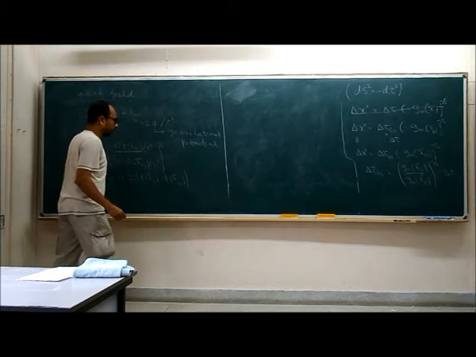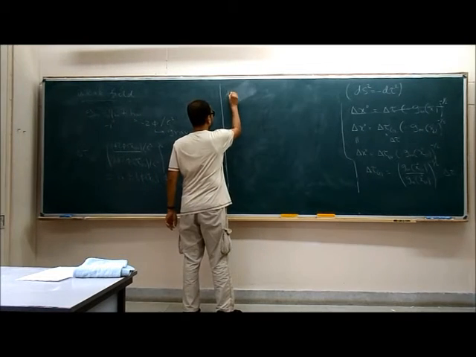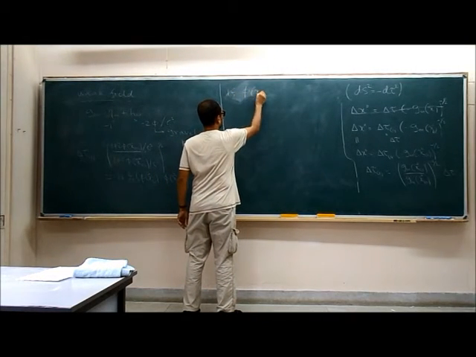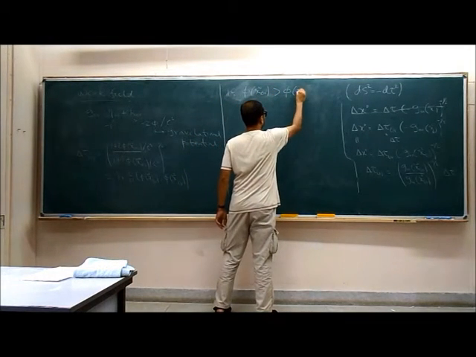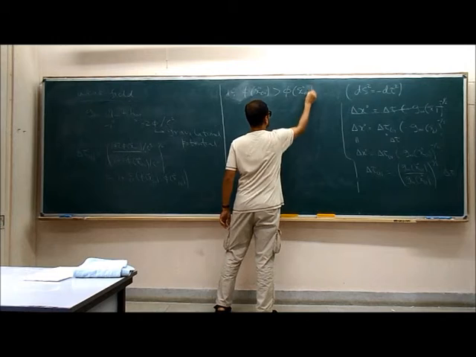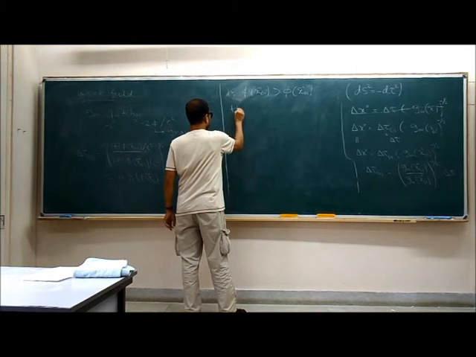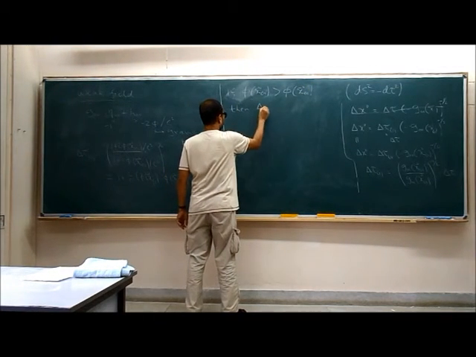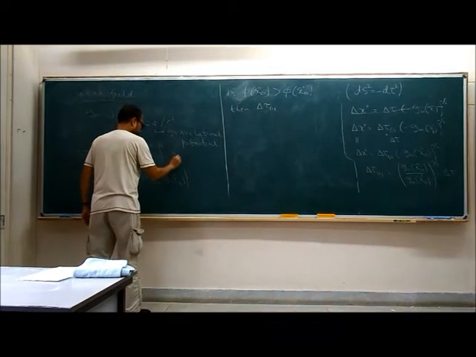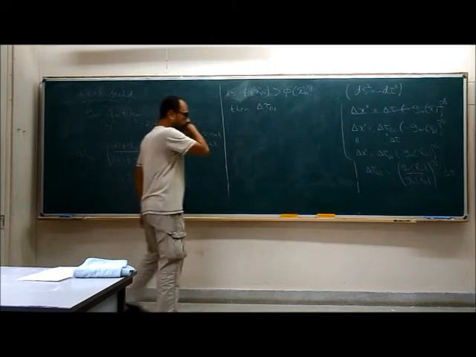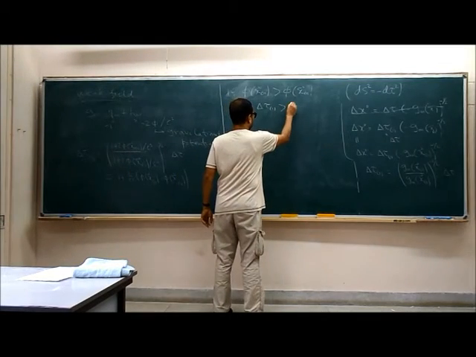Okay, so this means that if phi of x2 is greater than phi of x1, then delta tau 2, oh, I should have put delta tau 2, delta tau 2 is larger than delta tau.